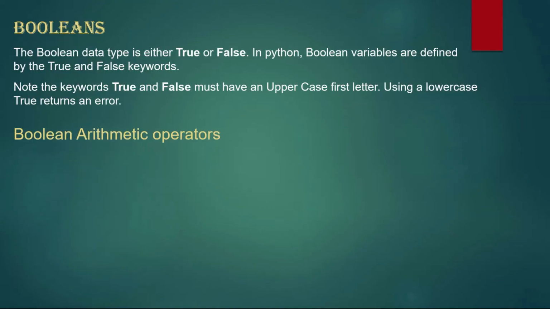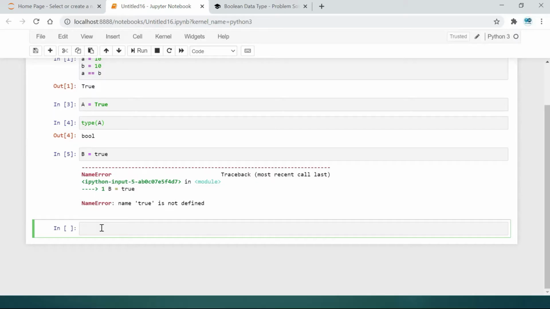Next, Boolean arithmetic operators. OR. OR is an operator where the given values should be either one or the other.